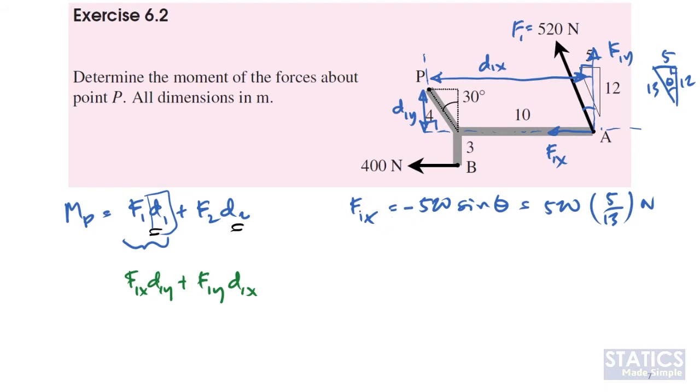I normally ignore this negative. What I'm writing is just the magnitude of F1X, so everything here is positive. And then I will calculate the magnitude of F1Y. That will be equal to 520 cos theta, or 520 times 12/13.